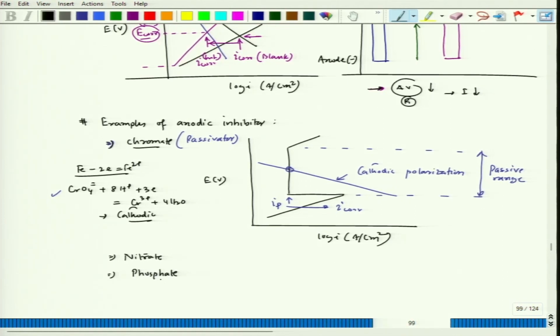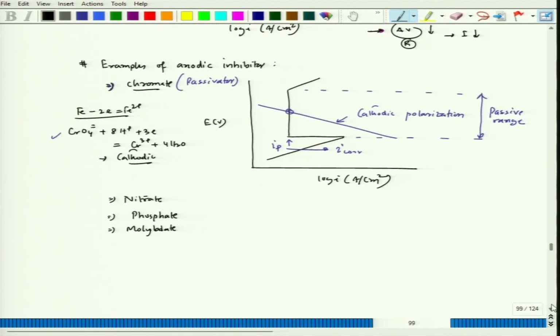So, those are some of the examples. Even molybdate. Okay. So, for example, sodium molybdate forms a complex passivation film on iron surface and it protects it. In fact, this molybdate is very costly and it can also passivate in the presence of oxygen. Okay. So, oxygenated condition, this molybdate can give you very good protection.